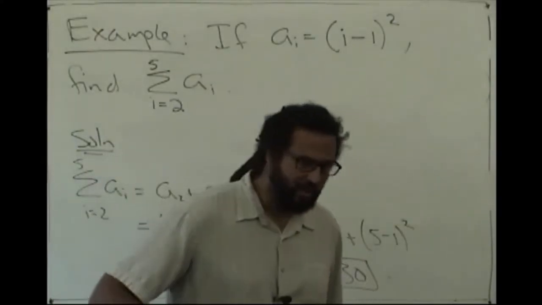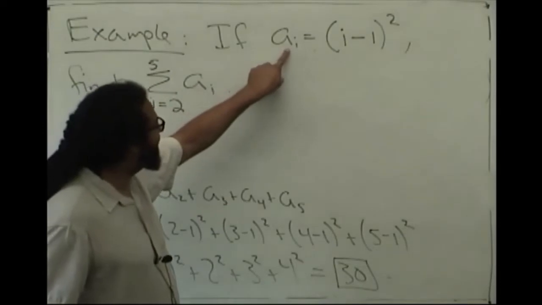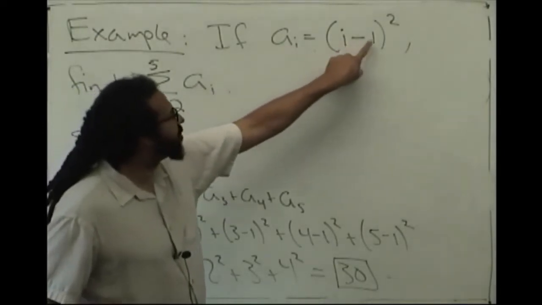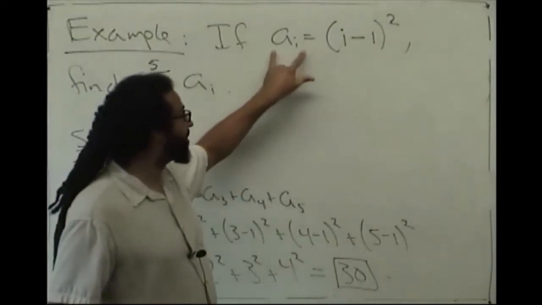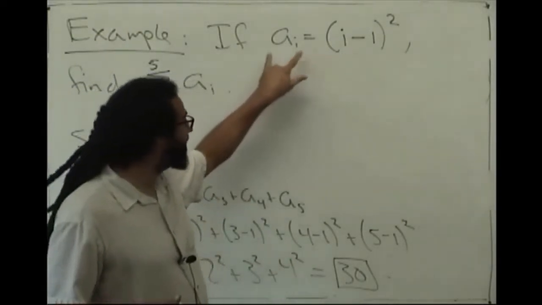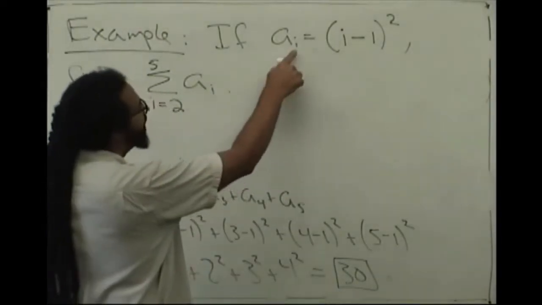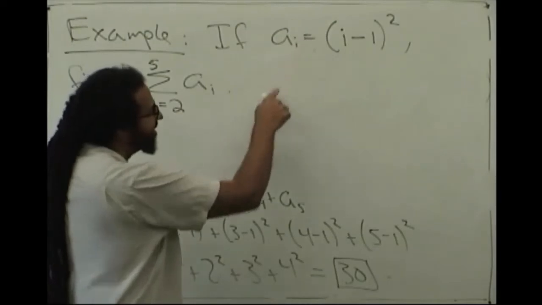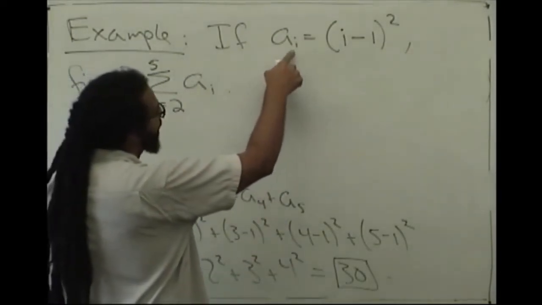Okay, here's a quick example. Say A sub i is given by i minus 1 squared. So here's basically a function: A sub i is a function of i, and this tells us exactly what each of these numbers should be. Again, we always think of these indices as being integers, usually starting at 0.